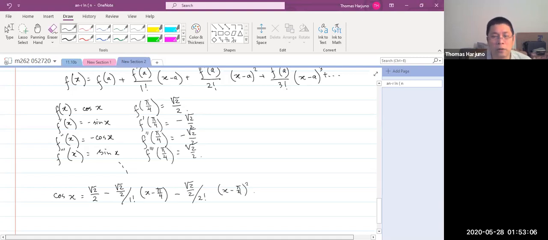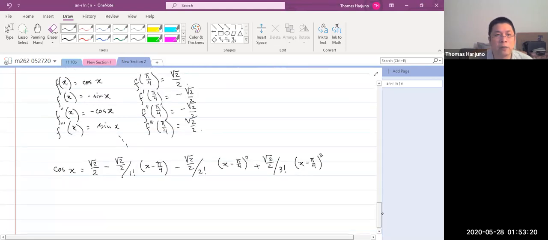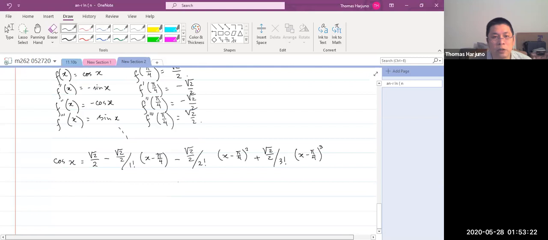The third derivative gives plus radical 2 over 2 over 3 factorial times (x minus pi over 4) cubed. And then the next derivative is cosine, which will give me positive: plus radical 2 over 2 over 4 factorial times (x minus pi over 4) to the 5th.